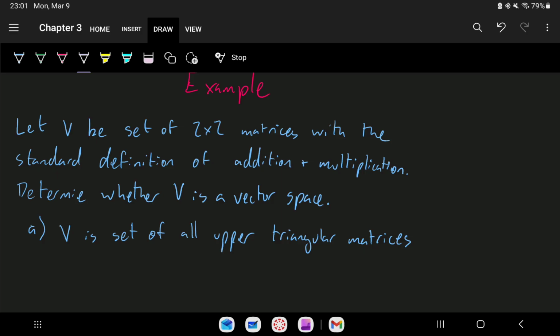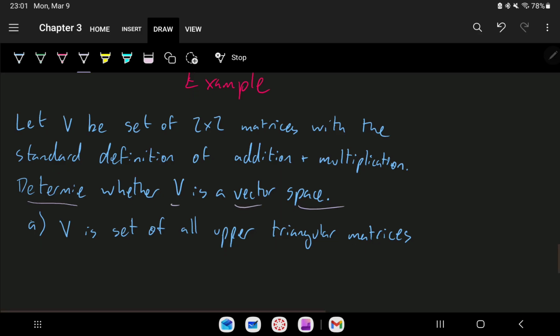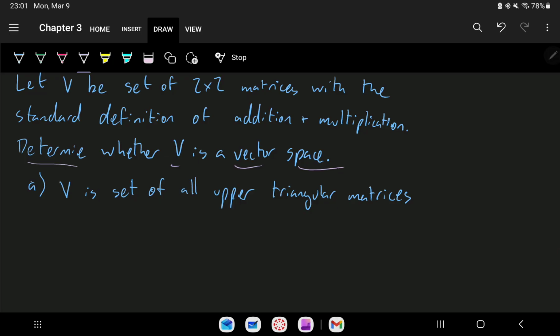Highly encourage you to go through and do the rest of them. I kid you not, my last quiz, I think it was directly pulled from this. This is a very quizzable and testable question, because if you can understand how to determine whether V is a vector space, you will be able to do that with any sort of sets given out, right?